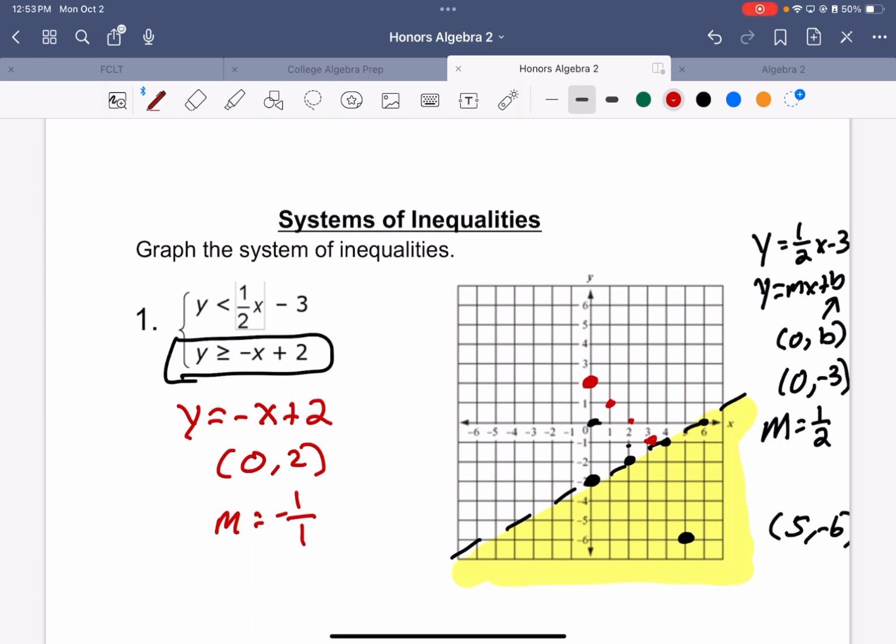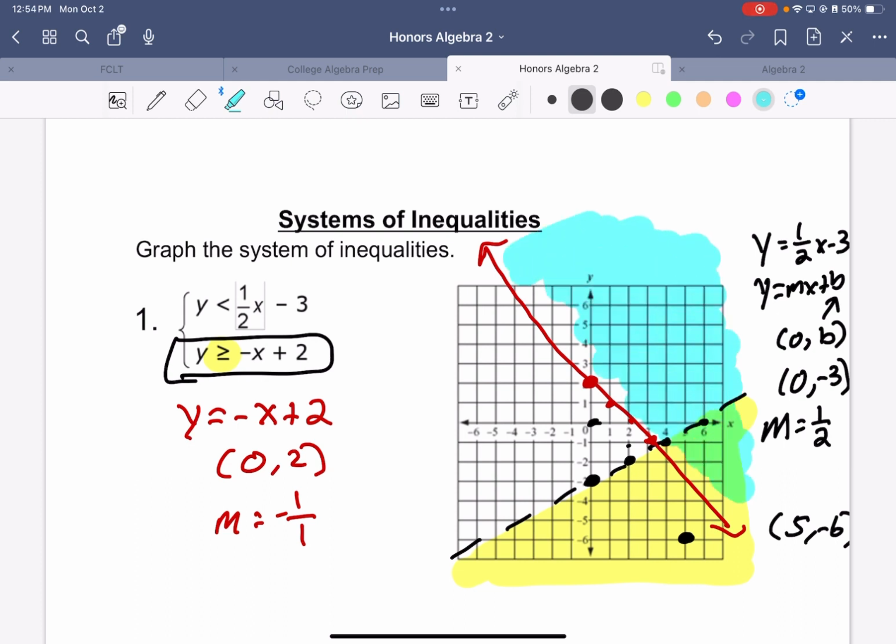I look at my inequality. It's greater than or equal to. So that tells me that my line is going to be solid. And that I shade above the line. So I shade above the line because it's greater.